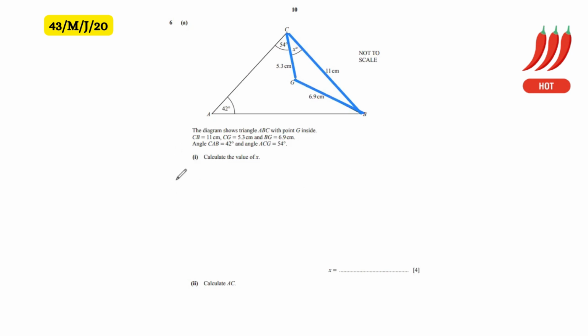So for this, the cosine rule is going to be cos of x equals 11 squared plus 5.3 squared minus 6.9 squared divided by 2 times 11 times 5.3.